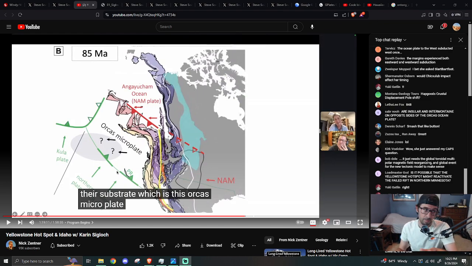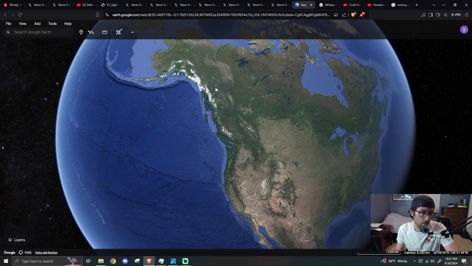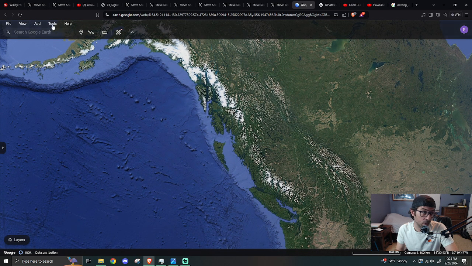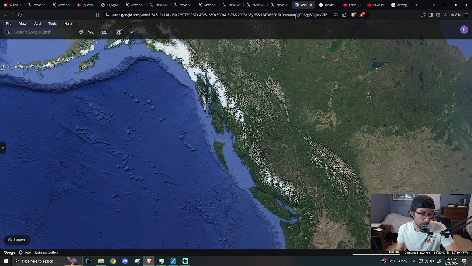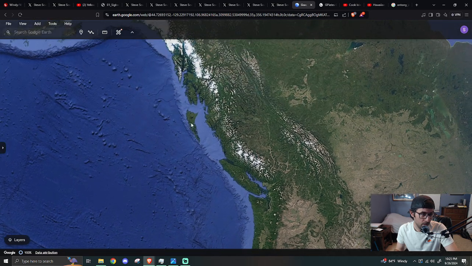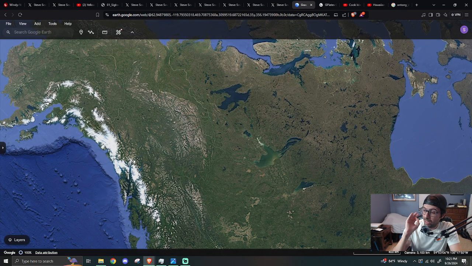Okay. These are like this area. And she just said they get dislodged from their substrate of an Orcas microplate, like this kind of thing. Dislodged from their substrate.